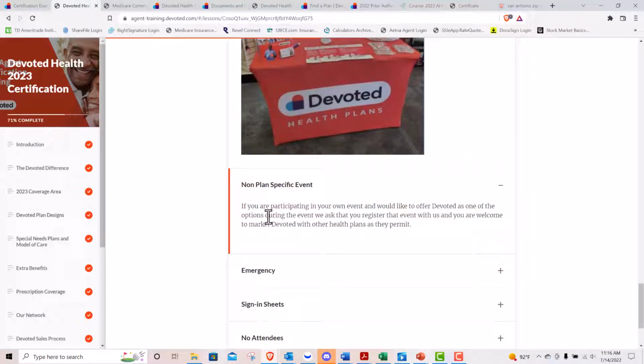So if you're showing Devoted items, and you can have many, like, if you folks do Walmarts and fairs and you have multiple carriers that you're showing, make sure you show both. Or you register both or all three.